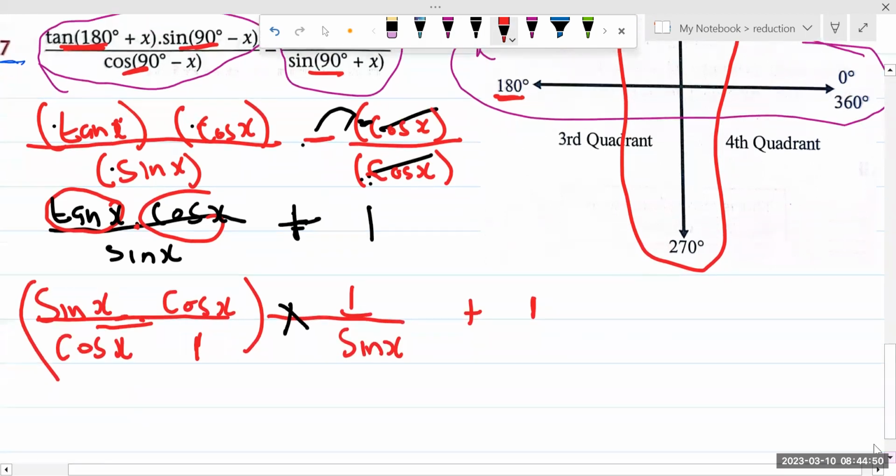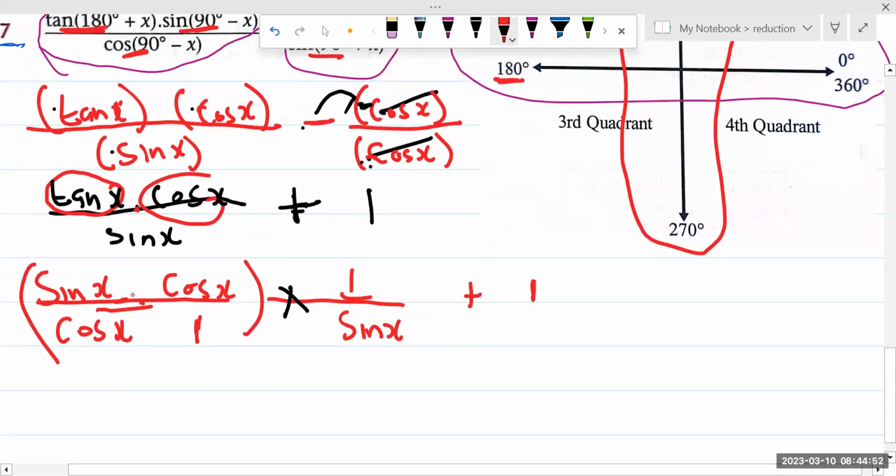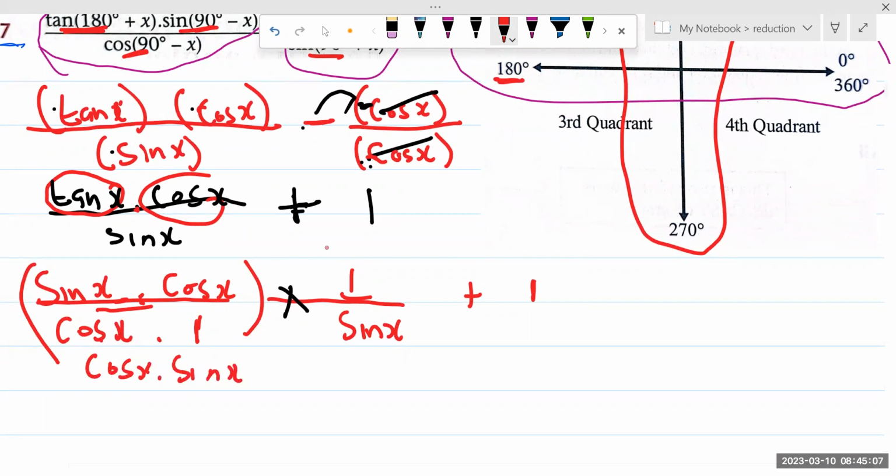And then from here onwards, you can say, this one and this one, there's a multiplication between, so it means it's 1 term. Then you can say, here there's also 1 term. This one multiplied by this one. So basically, if you say this one multiplied by this one, it's supposed to give us cos x multiplied by the sine of x. It doesn't matter which one I start with. I did it on purpose, it's not a mistake. I'm just emphasizing the fact that you can start with cos, you can start with sine, since you're multiplying.